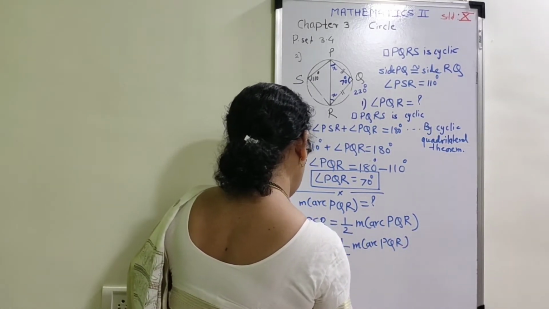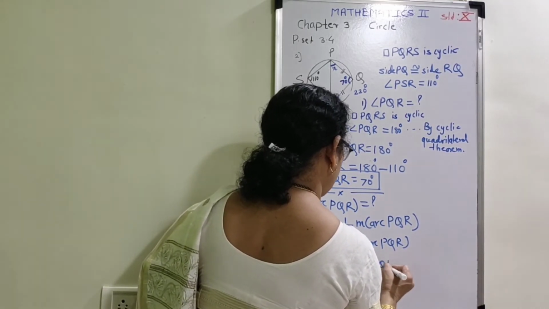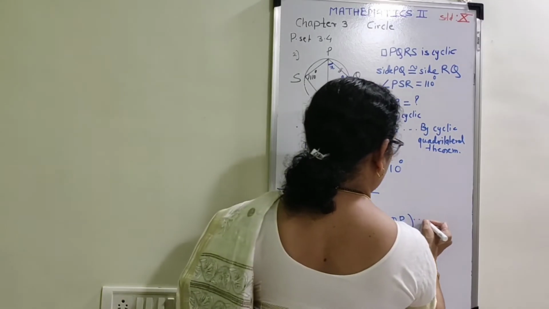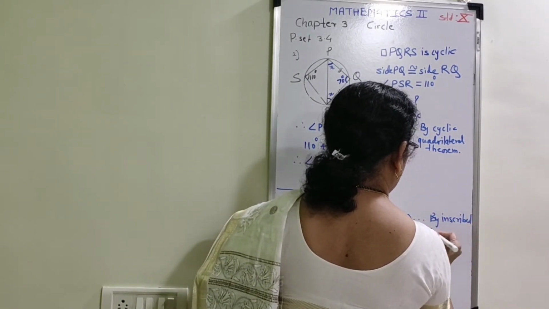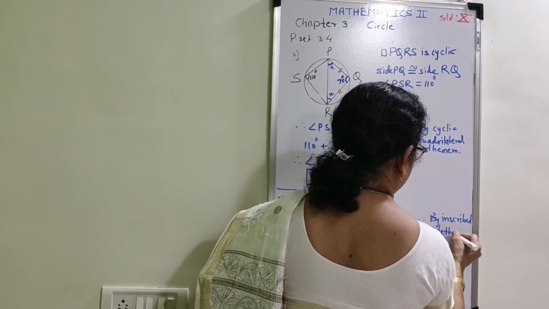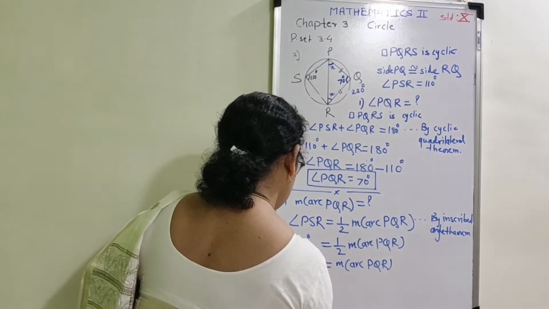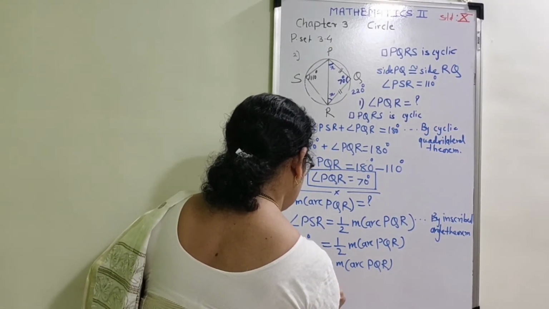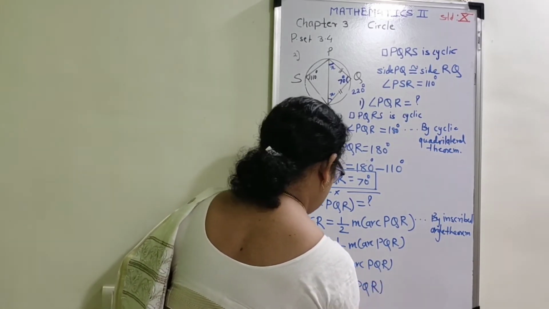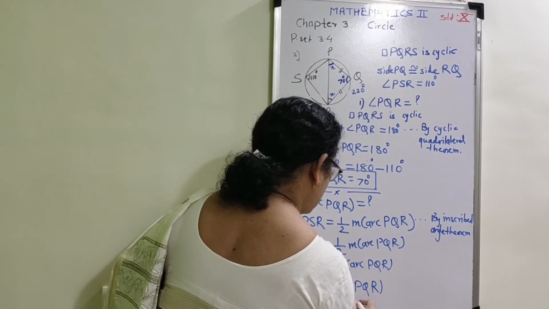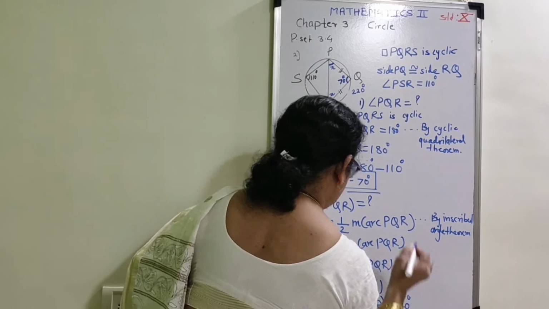Therefore, 110 multiplied by 2 is measure arc PQR. Here the reason why: inscribed angle theorem. Therefore, 110 into 2 is 220 is equal to measure arc PQR. Write it straight. Therefore, measure arc PQR is equal to 220 degree.